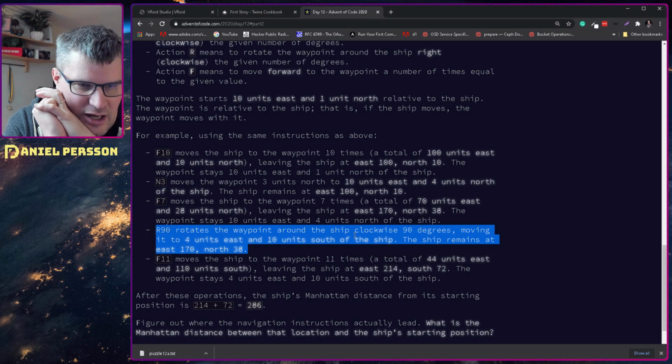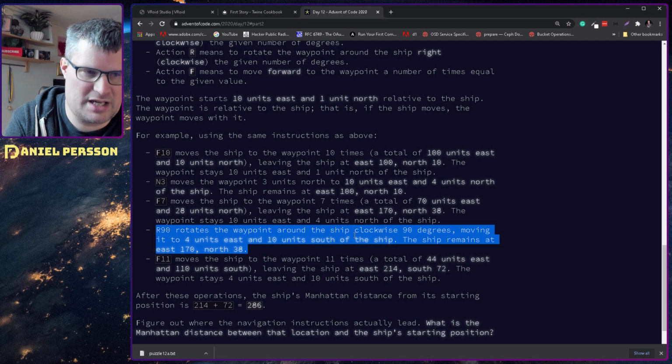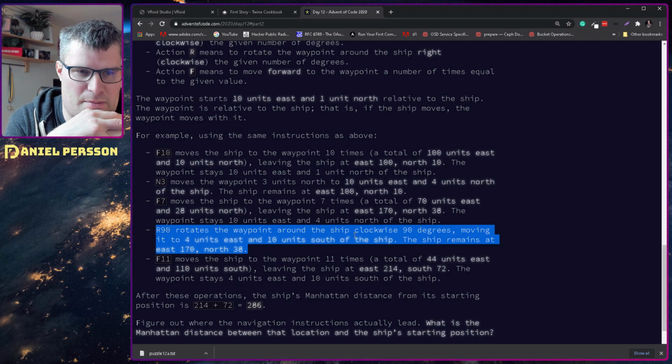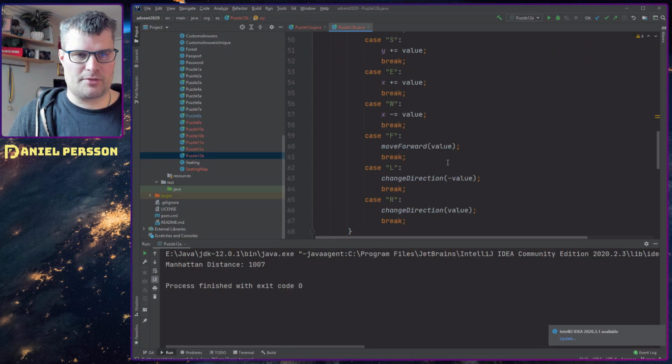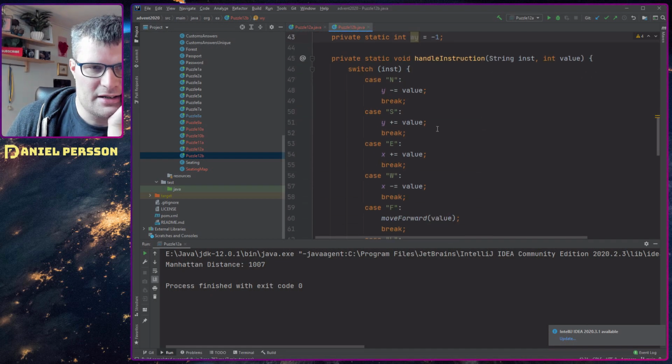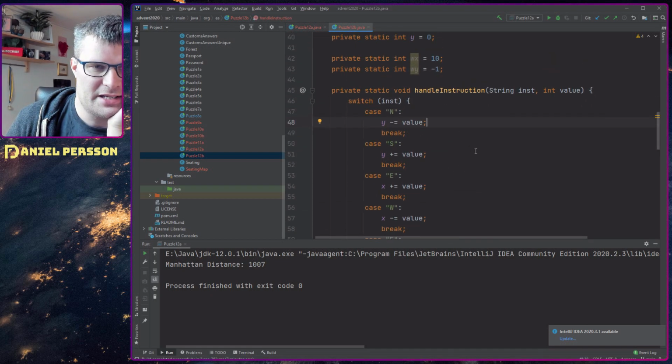So let's see here, 90 degrees. Before we had 4 units west and 10 units south of the ship. So when we rotate it, we move them clockwise. Okay. So I still think that this applies here.